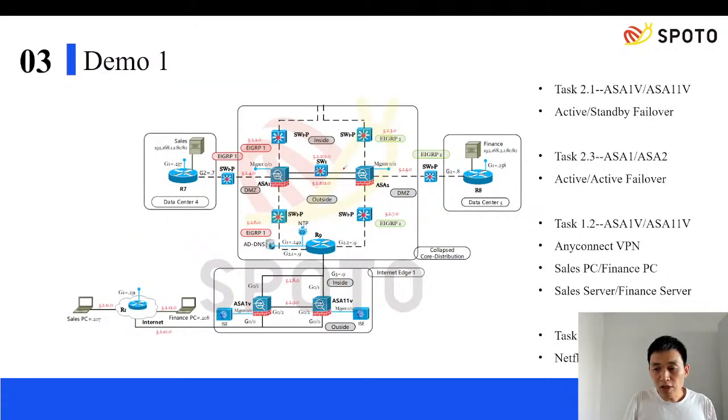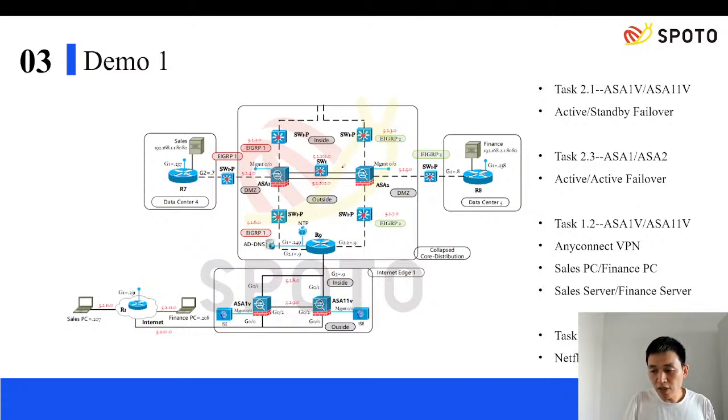Okay, now let's look at demo 1. In this part, 4 tasks are mentioned. The first one, task 2.1, which belongs to domain 1 of the lab exam topics, is asking you to deploy an active and standby failover between virtual ASA1 and virtual ASA11.